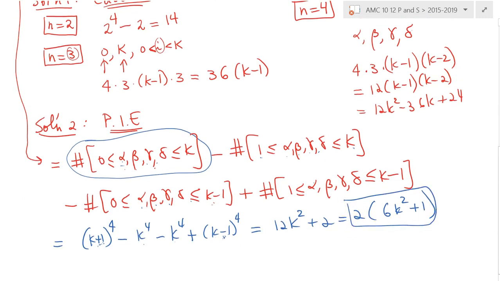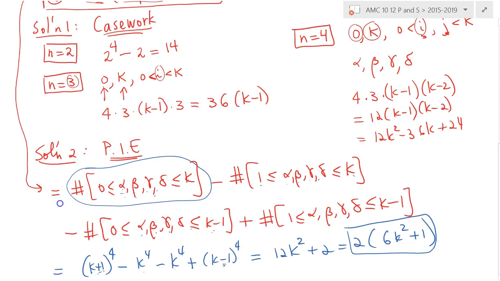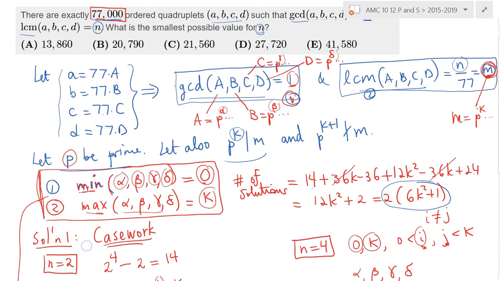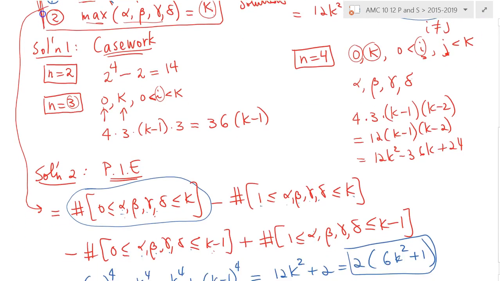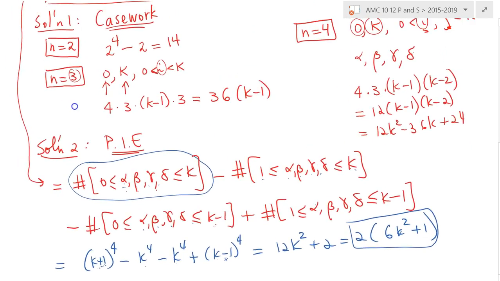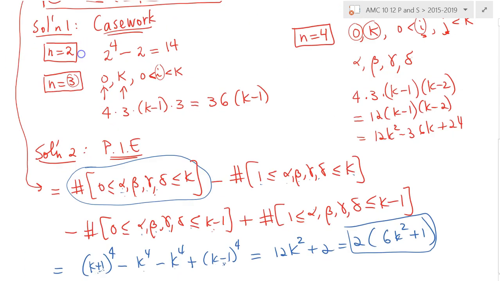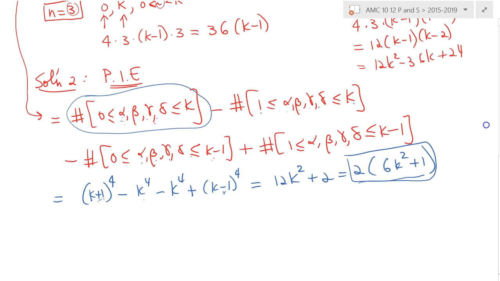Now that's just perfect. So we know the total number of solutions, but this is just for one of the prime factors. This m might have multiple of them, right? Each of these obviously will have the same formula. So let's be more specific. Let's say that m can be written as p1 to the k1, p2 to the k2, p3 to the k3, and so on.